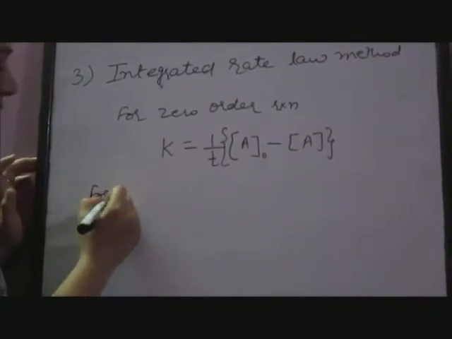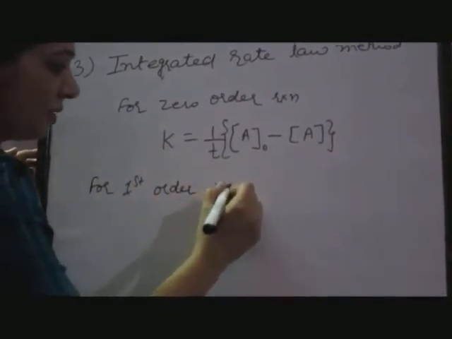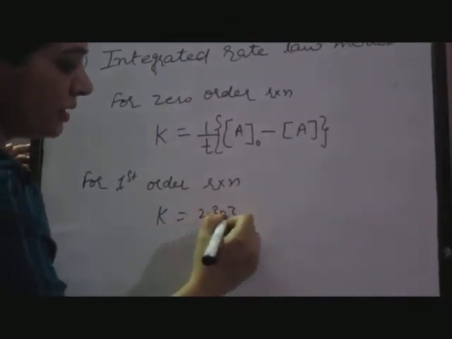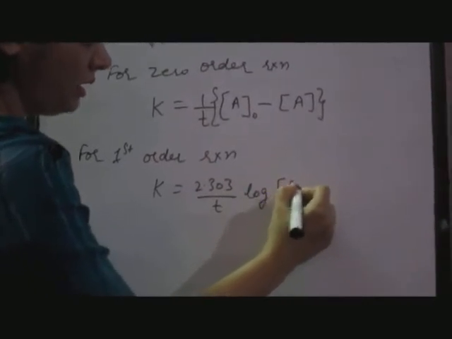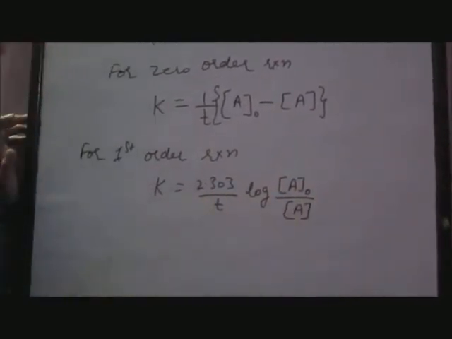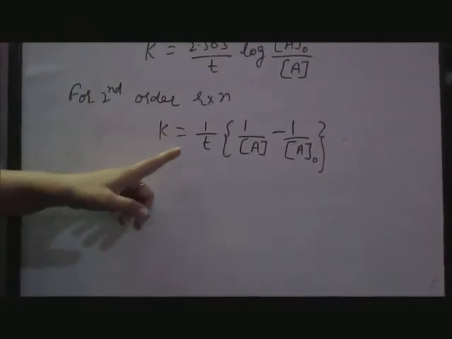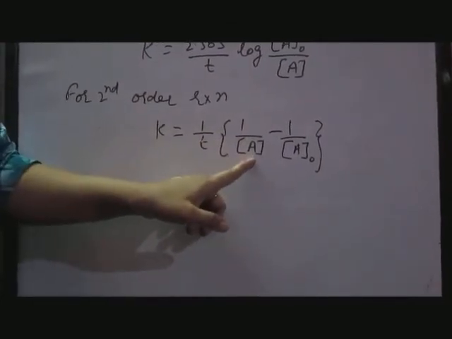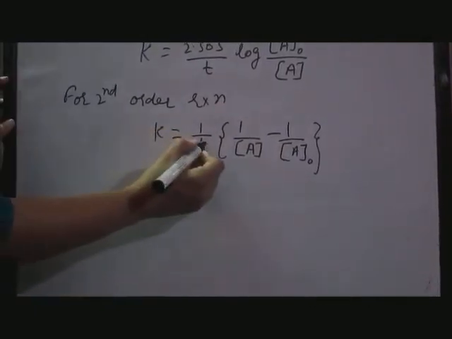For first order reaction, K is equal to 2.303 upon t log A0 upon A, and for second order reaction, K is equal to 1 by t, 1 upon concentration at time t minus 1 upon initial concentration.